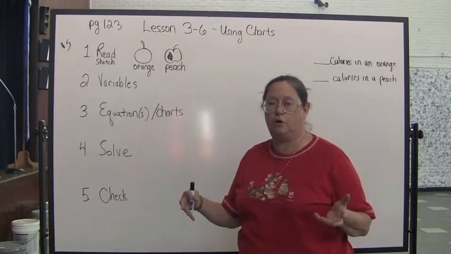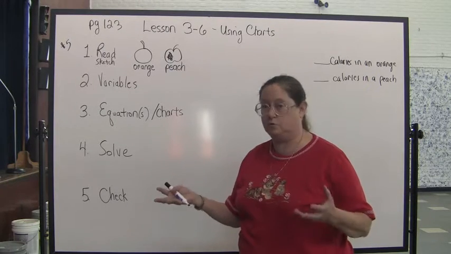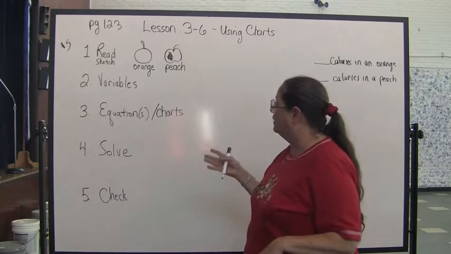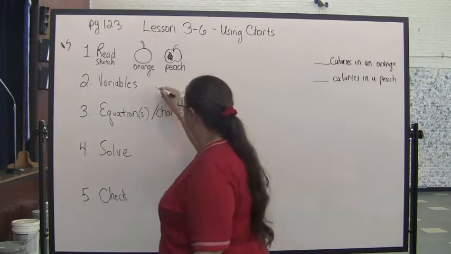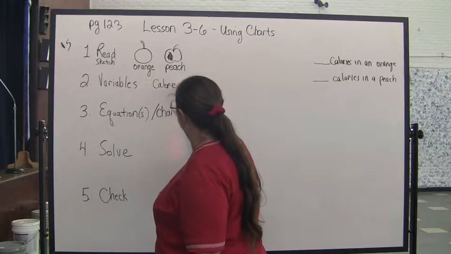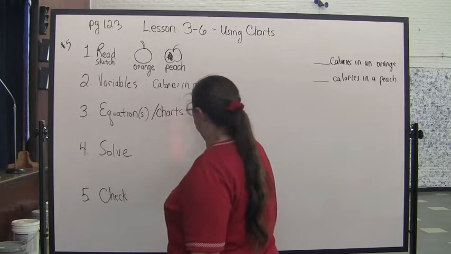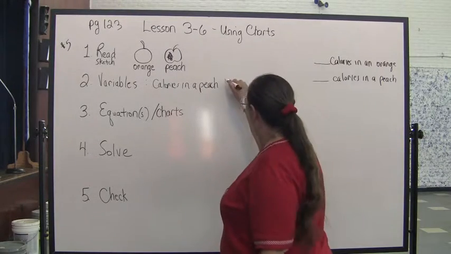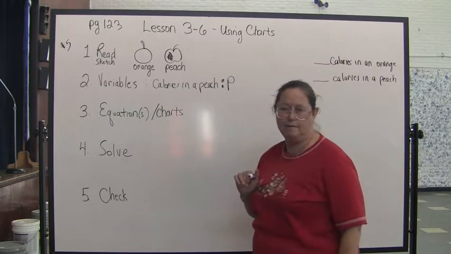Our unknowns are how many calories a peach has and how many calories an orange has. That's what we're trying to find. So I'm going to choose a variable P for the number of calories in a peach.